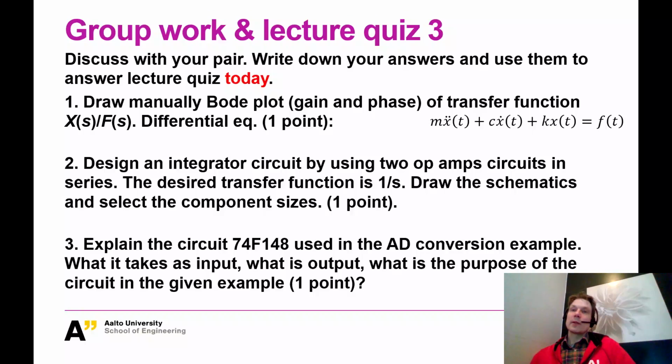Now you have to decide where your resonance is, and if you remember, the way to find the resonance was that you divide the equation in such a way that you have a coefficient 1 in the highest order of derivative or highest order of Laplace, and then you have a resonance squared here.